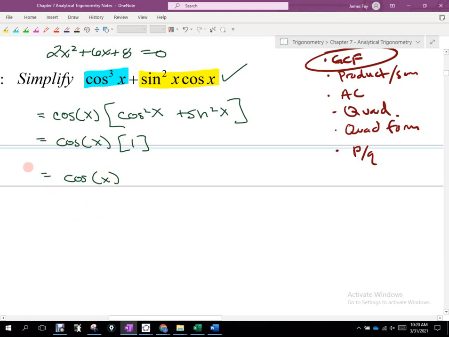Good. Okay. So here's my question, and a lot of technology is coded with sine, cosine expressions.